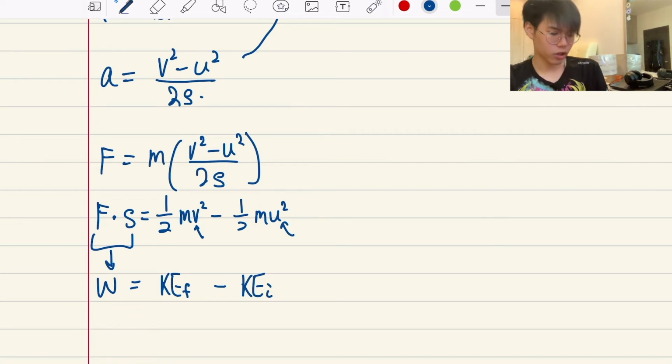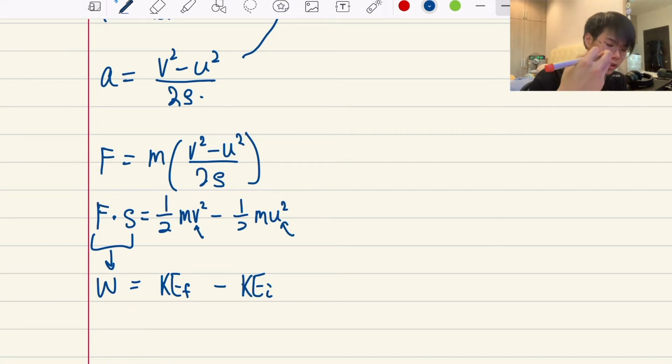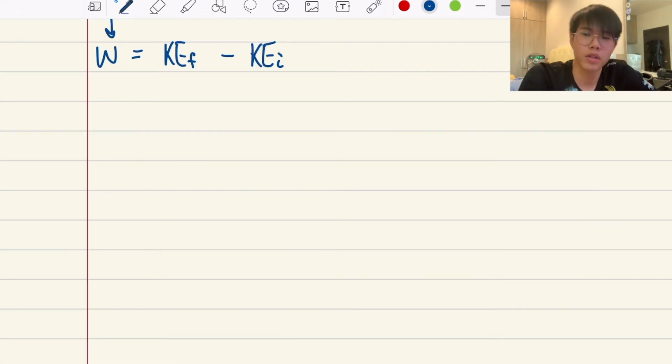So work done is equal to the final kinetic energy minus the initial kinetic energy. Kinetic energy is the energy of a mass or an object that is moving with a velocity.